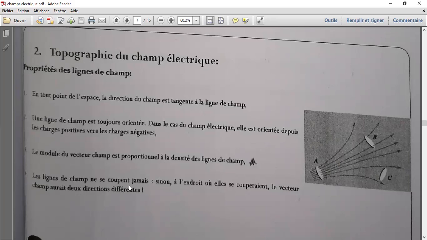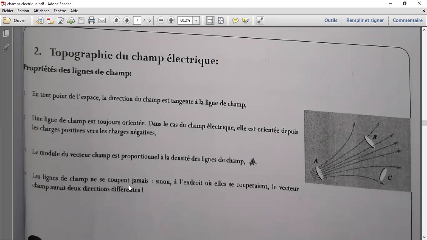So they're saying that if not, the place where you cut this champ line, you have vectors which have two different directions.